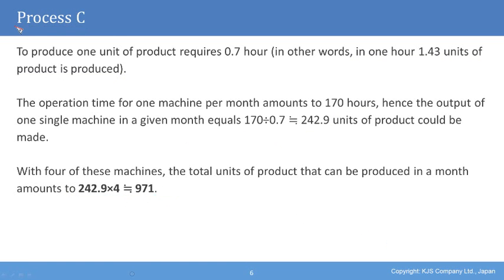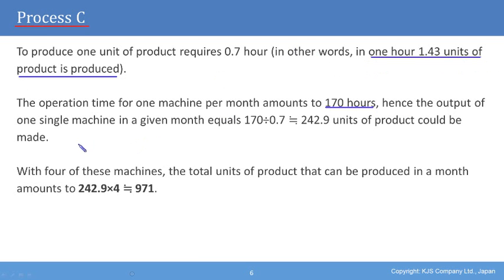Looking now at process C, to produce 1 unit of product requires 0.7 hours. In other words, in 1 hour, 1.43 units of product is produced. The operation time for 1 machine per month amounts to 170 hours.